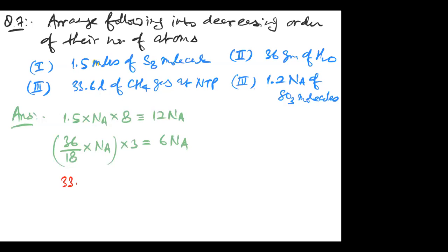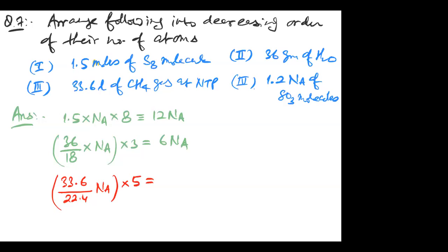Third is 33.6 liter of CH4. So it is 33.6 divided by 22.4 moles of CH4 molecules, multiplied by Avogadro number, and multiplied by 5 atoms for CH4.